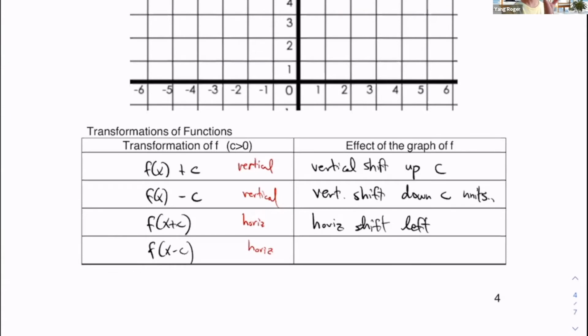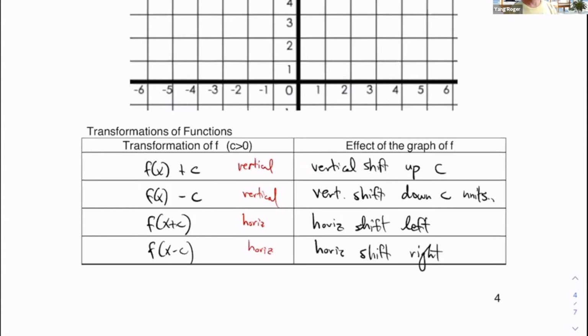So the horizontal stuff actually works kind of the opposite way that you would think, and we're going to see that show up again. So it's actually the minus c that shifts it to the right. So this is a horizontal shift to the right.